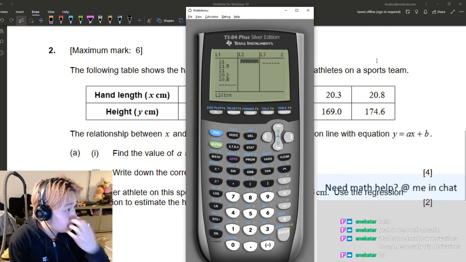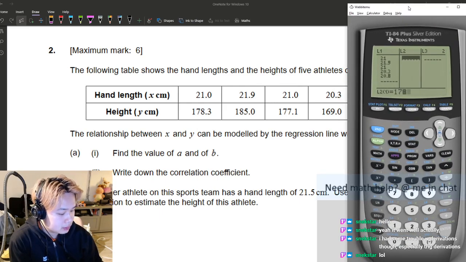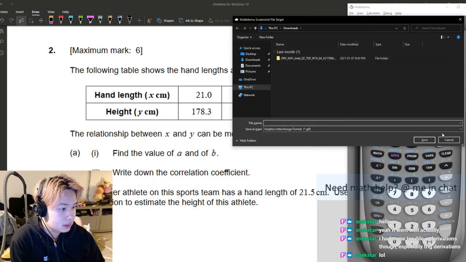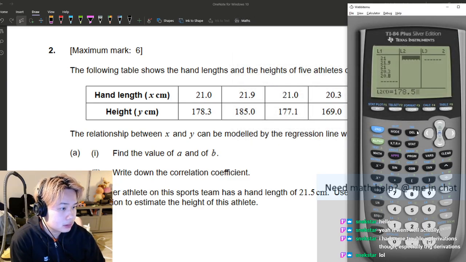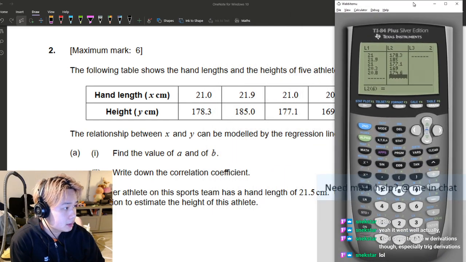And we're gonna go over to the second list and put the y values. 178.3. Whoops. 185, 177.1, 169, 174.6.